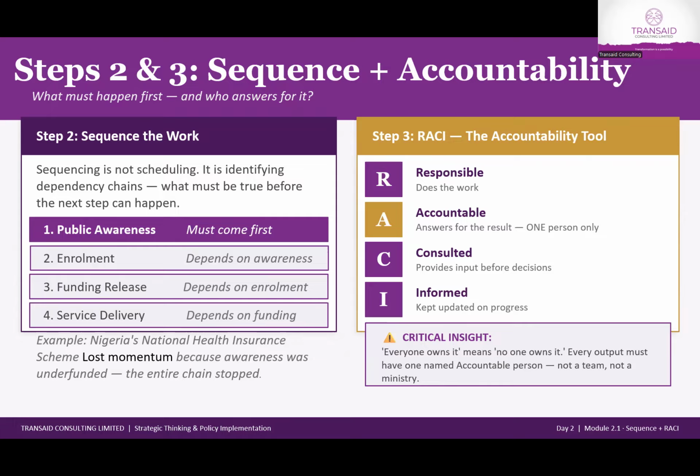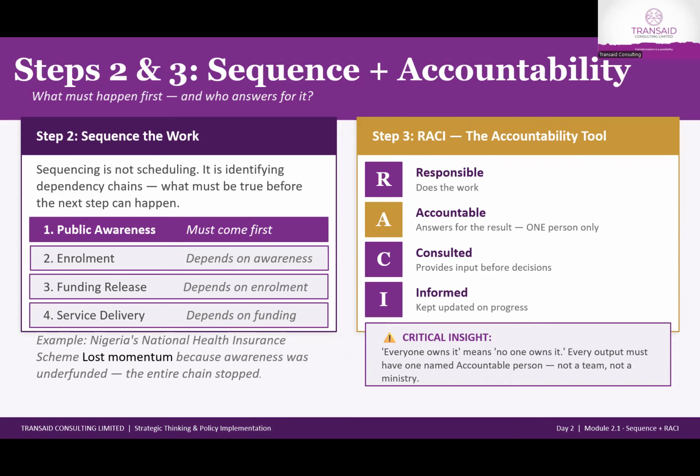So you see it. For example, the Nigerian National Health Insurance Scheme, very good strategic intention, so that everybody can be able to afford average health services.